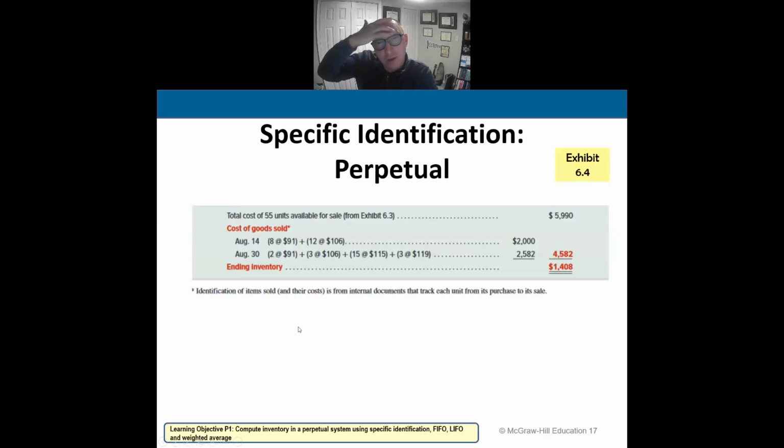If we use the specific identification system, the VIN number, the unique identifying number, the serial number, we update it based off of the totals, yeah. 5,990, cost of goods sold plus ending inventory.